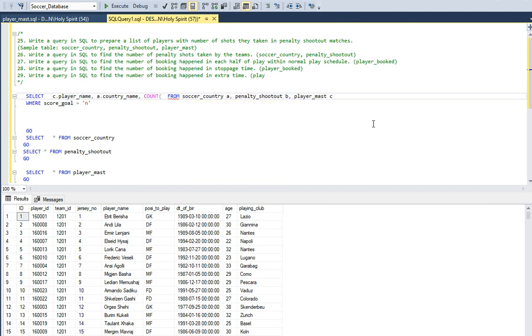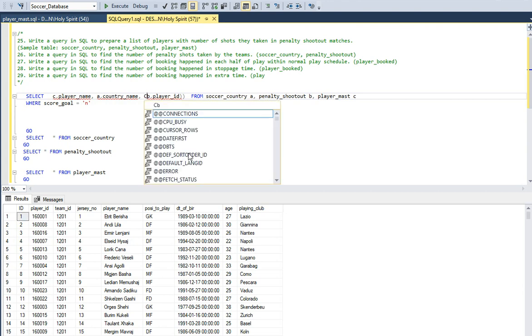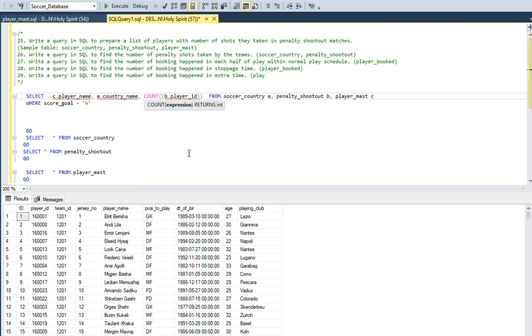Count B dot player ID, count. Yep. Why did I do 2 times here?